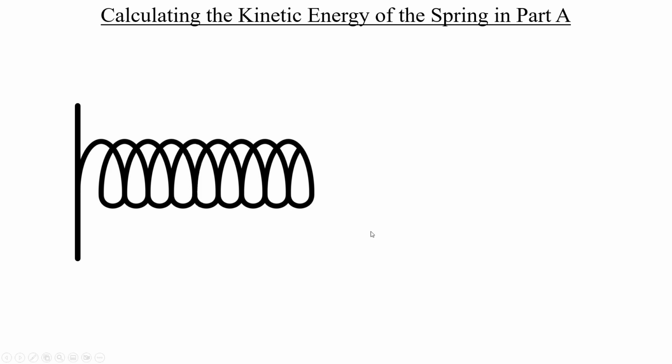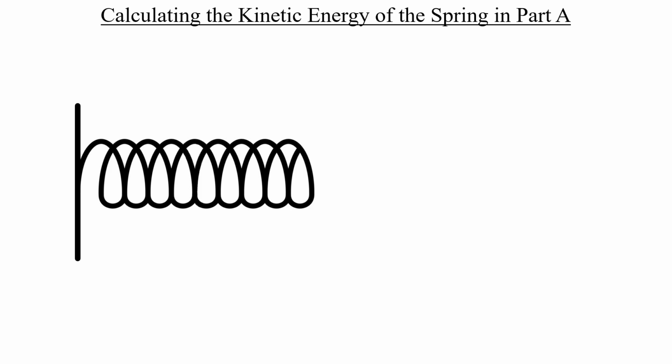When we release this spring from being stretched or compressed, it doesn't really matter which, the speed of a particular chunk of the spring will depend on how far away it's located from the base. The further you move away from the base, the faster that chunk of the spring will move.